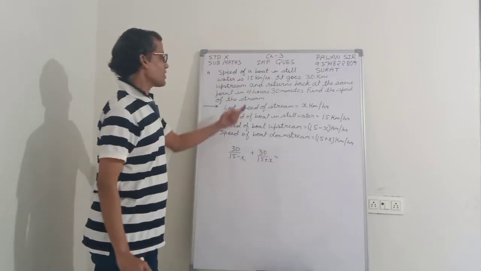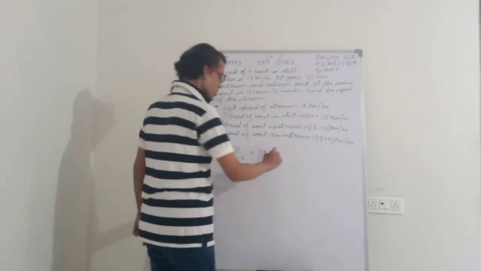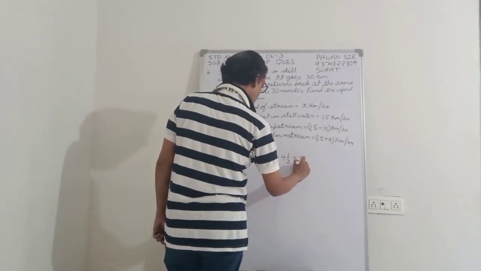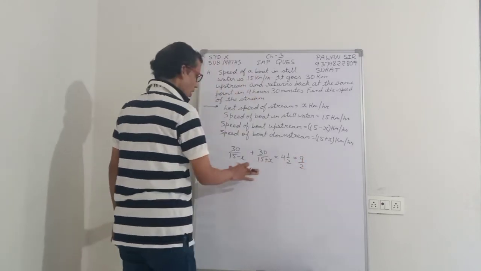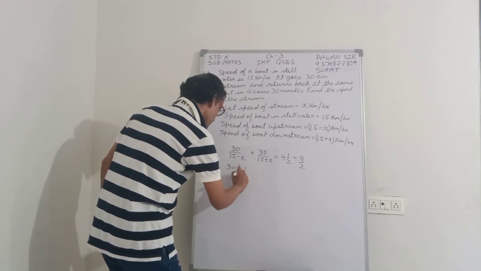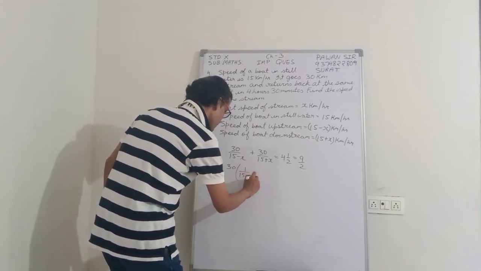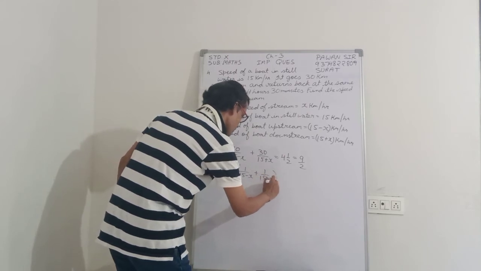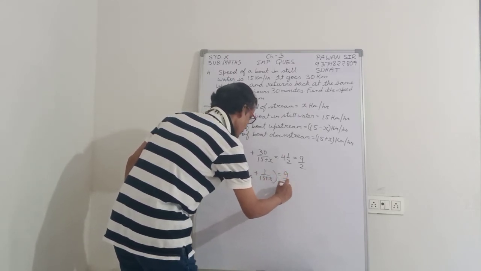And the total time taken is 4 hours 30 minutes, means 4.5 hours, it is equal to 9 by 2. Now in this, take 30 common.